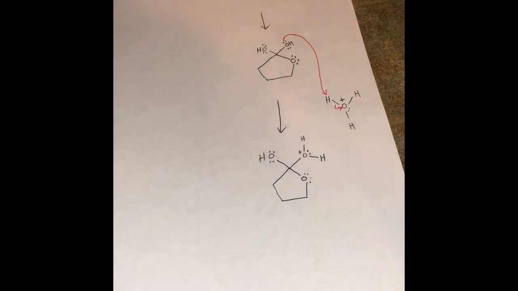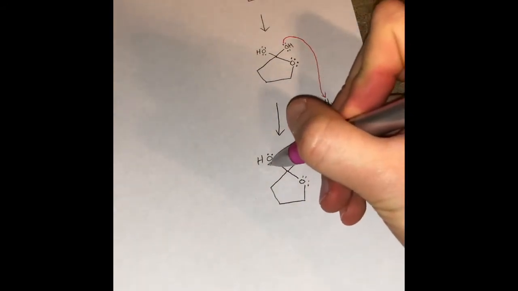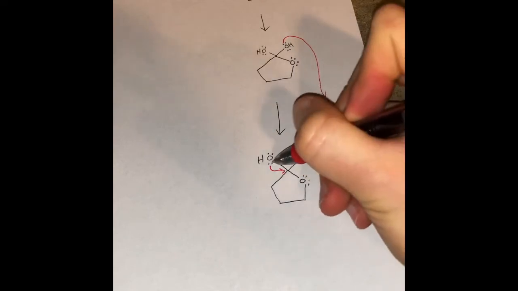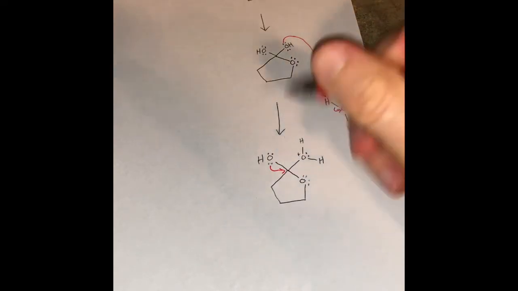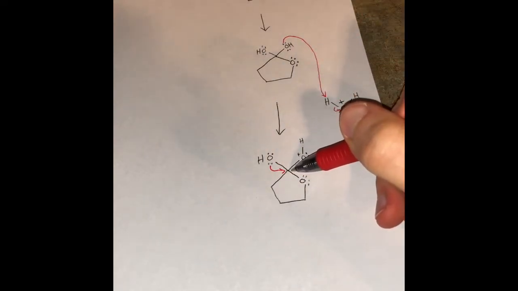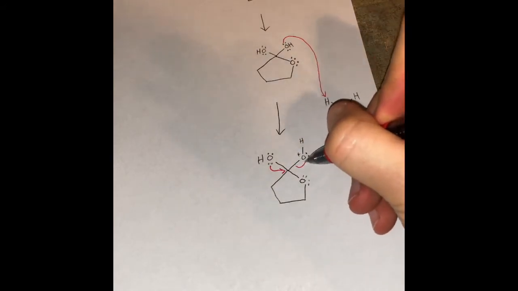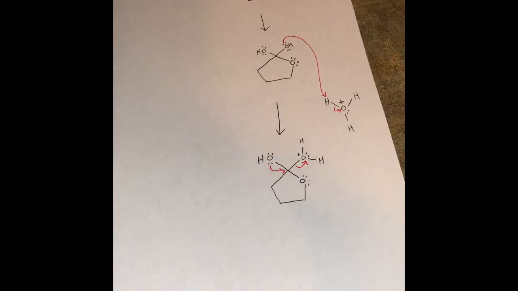And now the driving force to cause that water to leave is a pair of electrons on this OH coming down and forming a double bond with this carbon. Now this carbon would have too many bonds, so it has to get rid of one, and that's the water.